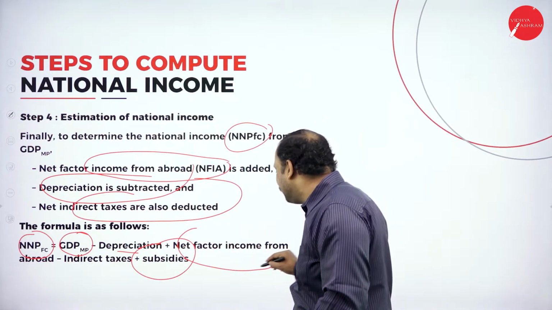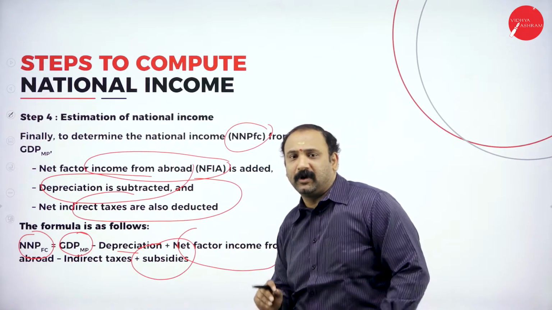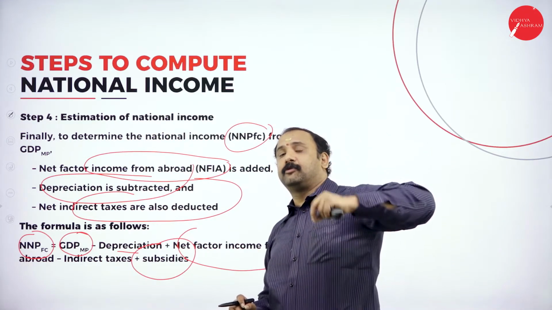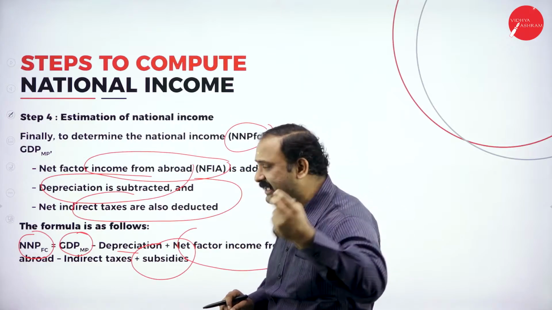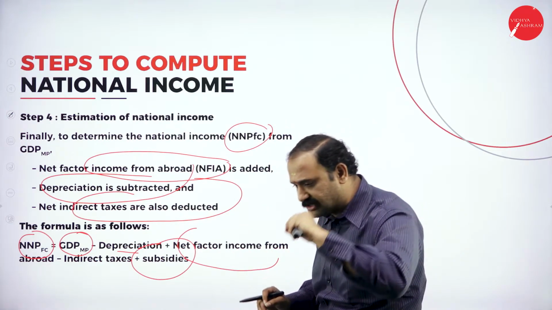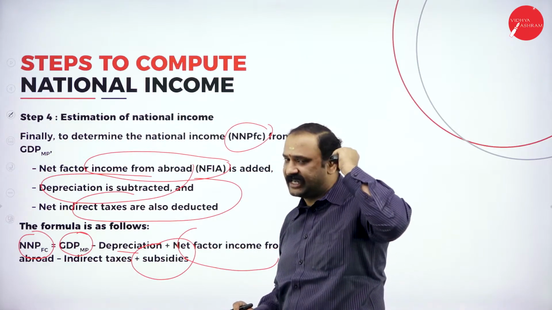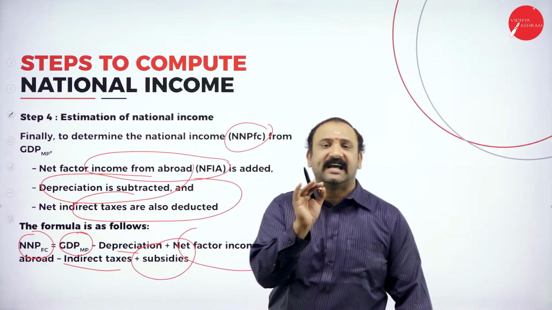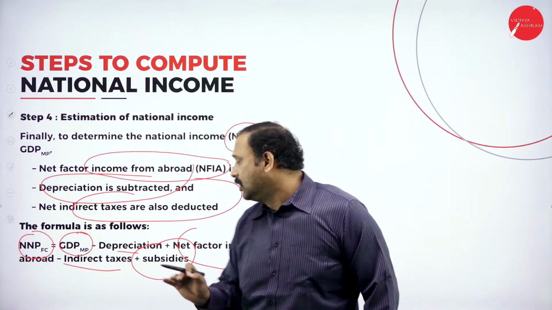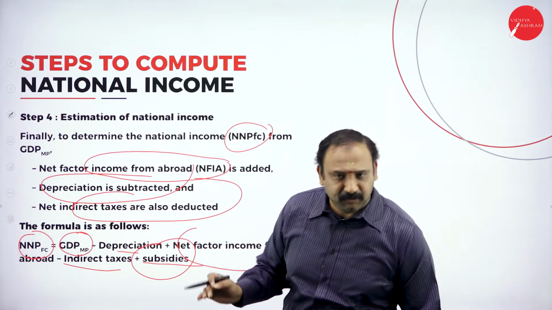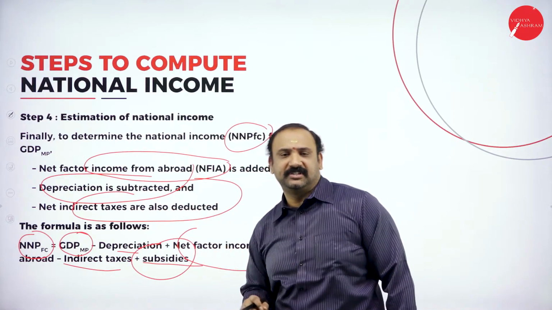Followed by the net factor income from abroad, that is the money that is coming in from our citizens residing abroad. They are going to give the money back to our country, so that is also going to be counted inside. Very, very important. Minus the indirect taxes. The indirect taxes have to be removed, followed by the subsidies factor. All the subsidies have to be added back into the system.